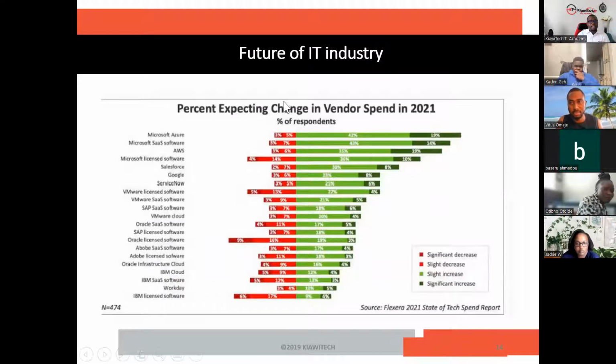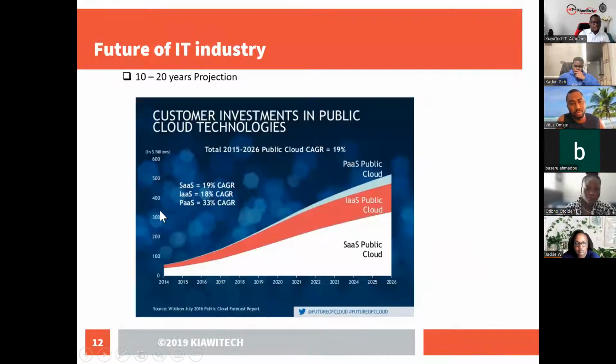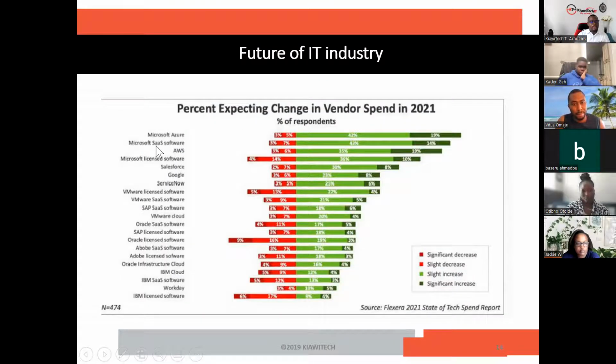Now, a percentage change in vendors, right? This is a study done by the Tech Spend report. You can see clearly here that Microsoft Azure is actually projected to increase in spending significantly. This was 2021, right? And this one here shows you the different companies that are looking at it. You have software companies, you have AWS, and you see the change: a significant increase, a slight increase, a slight decrease.